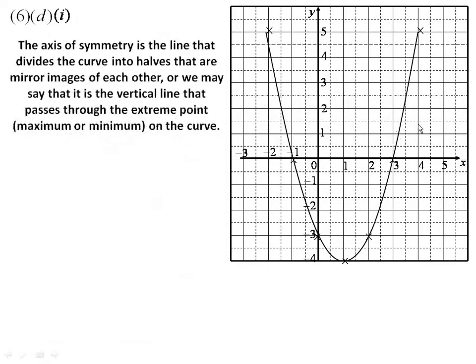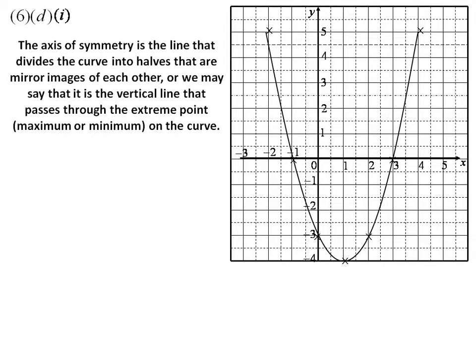We have other things that we need to be able to determine by the use of that curve. The axis of symmetry is a line that divides the curve into halves that are mirror images of each other. Or we may say that it is the vertical line that passes through the extreme point, which is the maximum or minimum. In this particular case, it is a minimum.